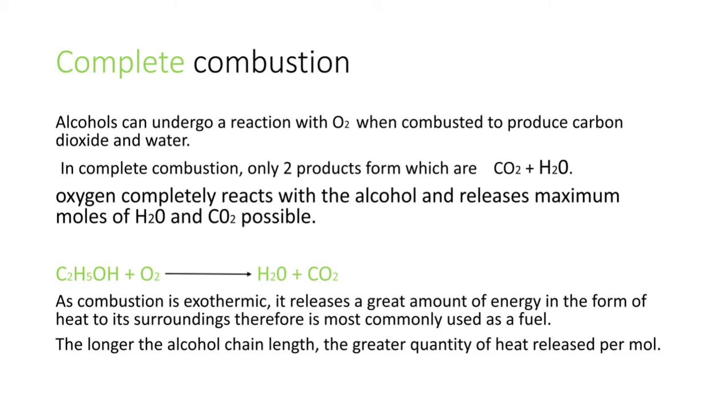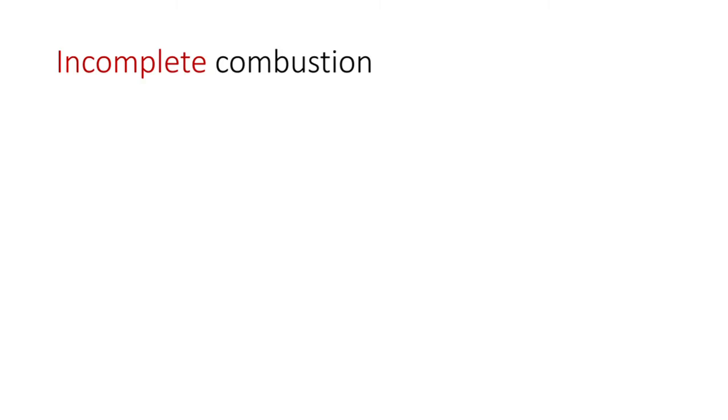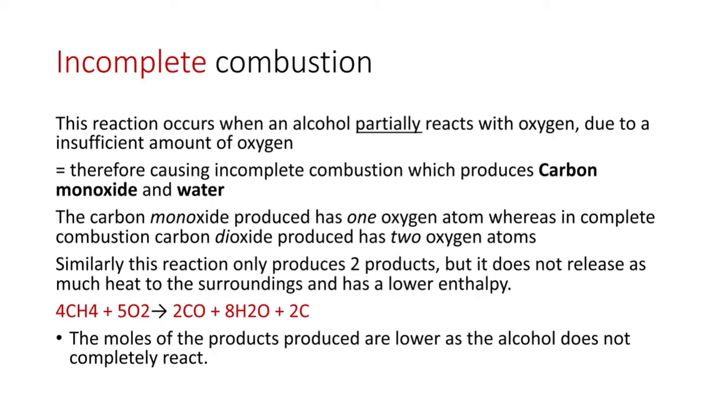Moving on, we have incomplete combustion. Incomplete combustion is a combustion reaction of an alcohol or any compound with an insufficient amount of oxygen, so there's not enough oxygen for the reaction to occur properly.